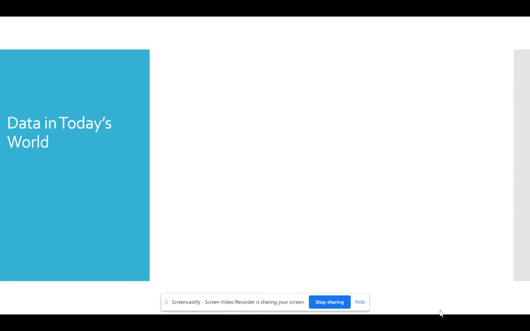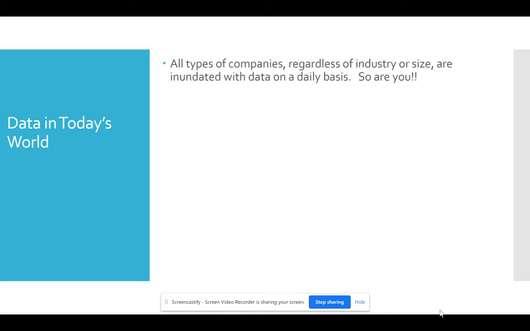In today's world, all types of companies, regardless of the industry or the size, are inundated with data on a daily basis. So are you. You can hardly open a newspaper, look at the internet, watch television, or even listen to the radio without being inundated with data.